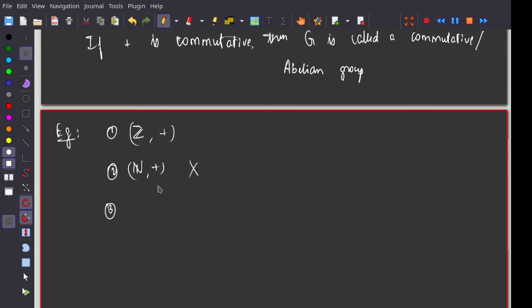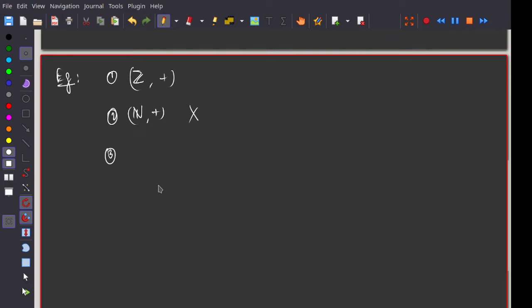Can you give me an example of a non-commutative group? The set of all matrices.